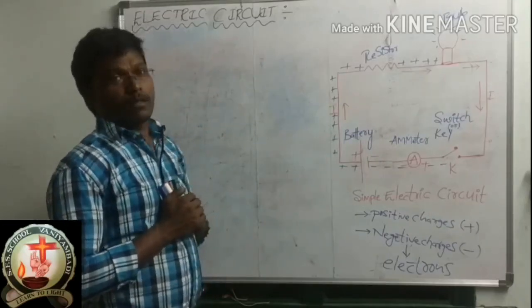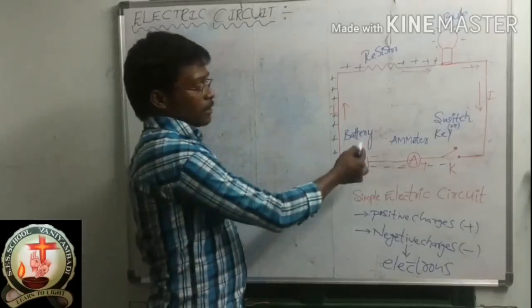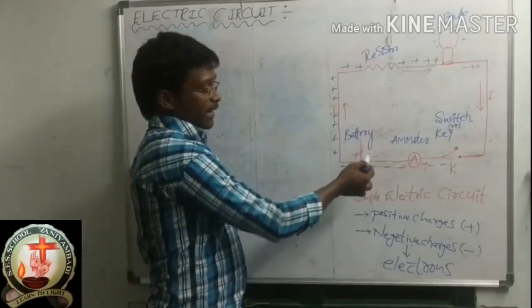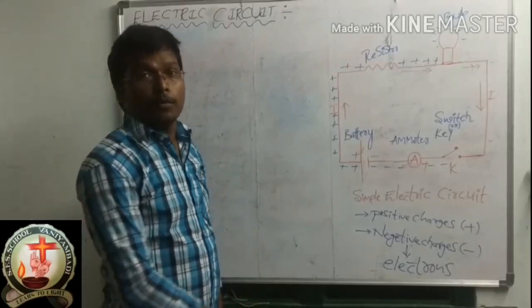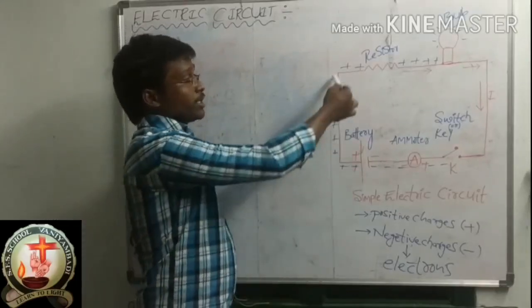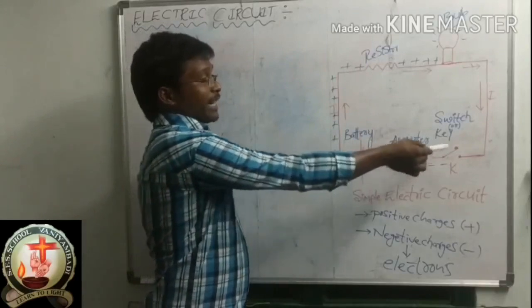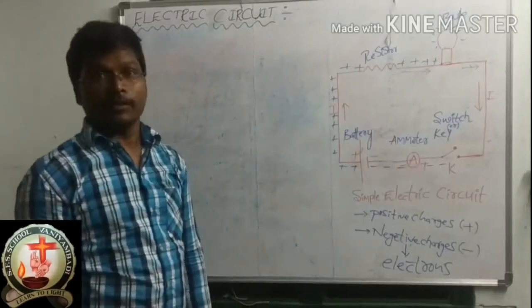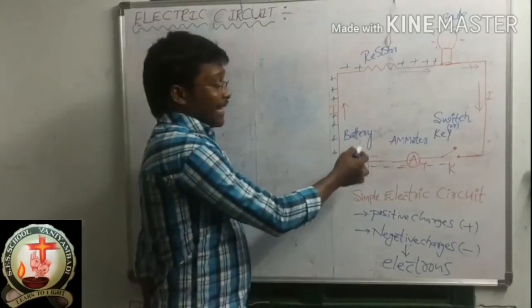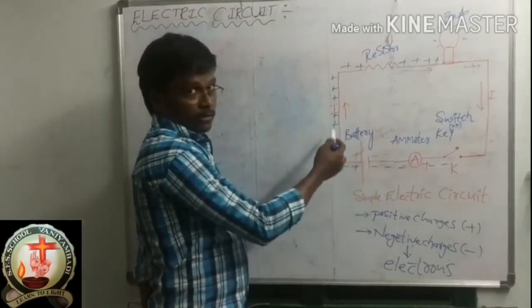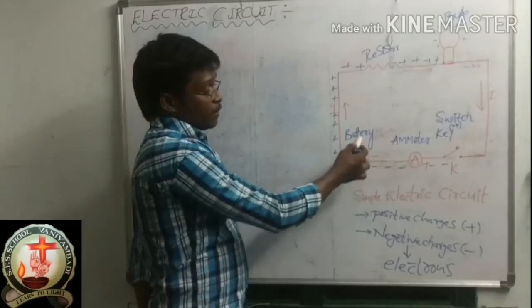Now, this is the positive terminal of the battery and this is the negative terminal of the battery. I told you already, the positive terminal will give the positive charges, the negative terminal will give the negative charges. Correct? Here, what is the direction of the positive charges?